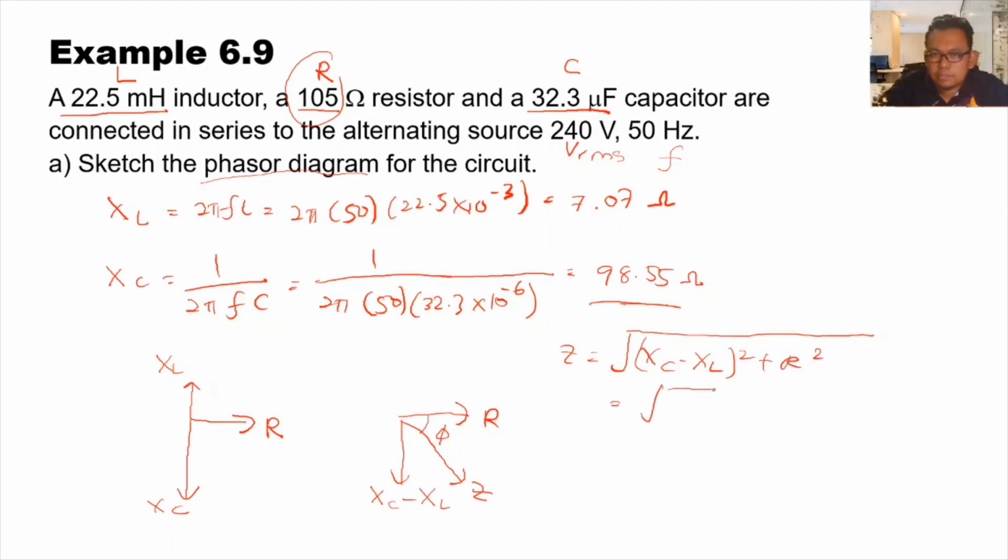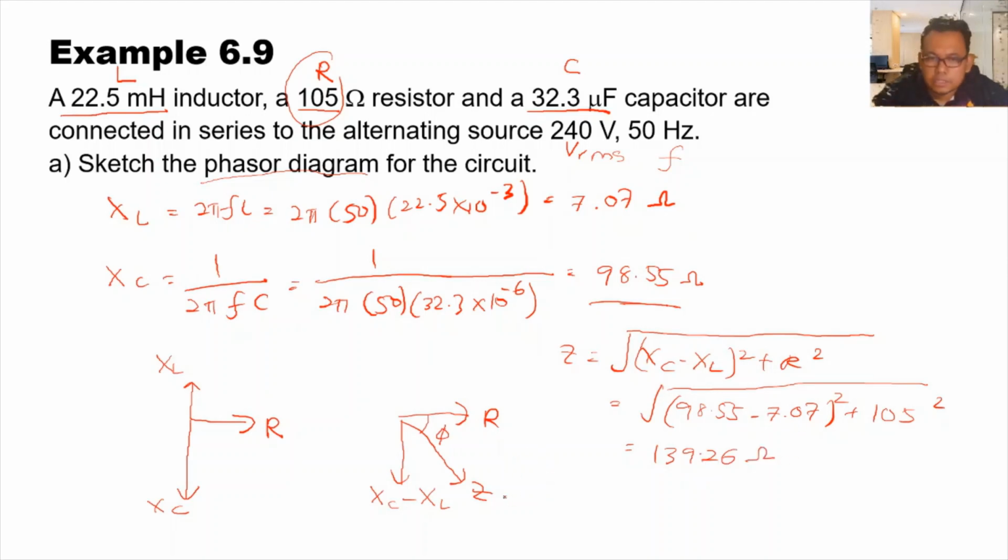So I substitute all the values again: 98.55 minus 7.07, don't forget to square them, and the resistance is 105 squared, and the impedance is 139.26 ohm.